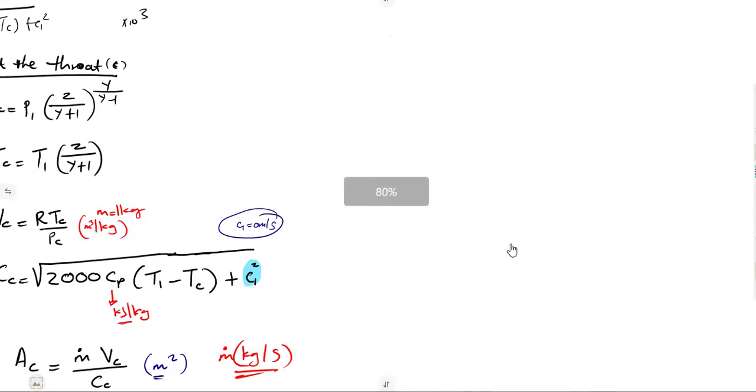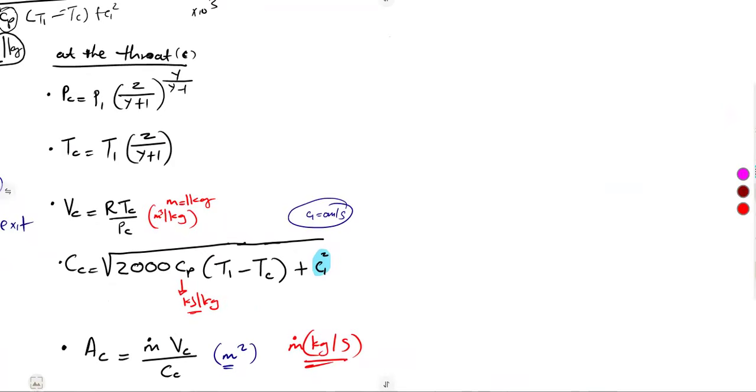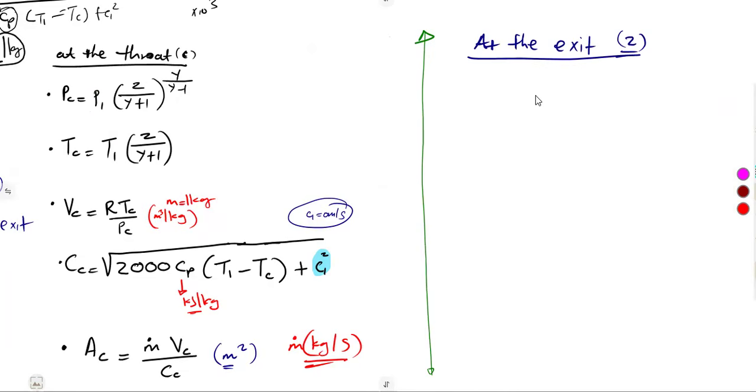Let's have the exit. Like I said, at the inlet, those are the ones that you'll be given. If you want something about the inlet, you just have to make it the subject of the formula if it is not given. So at the exit, we're going to use the 2 values, which are at the exit.